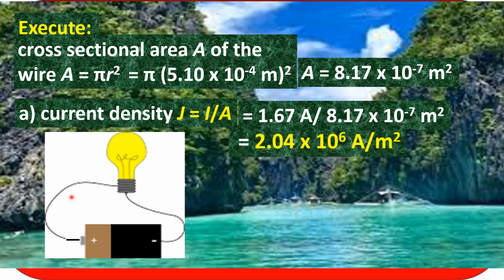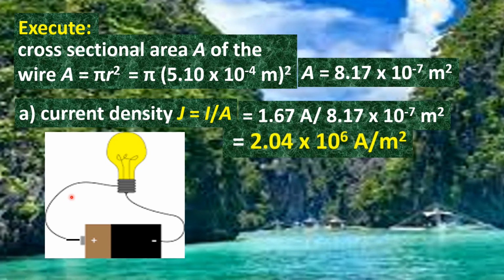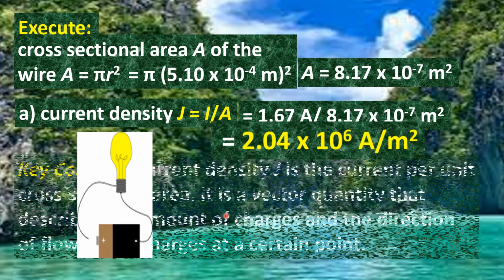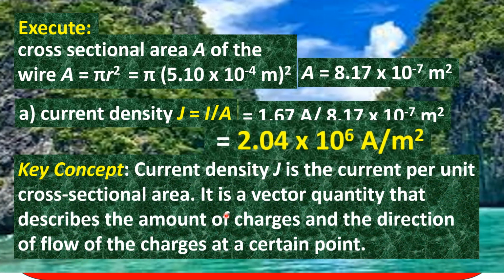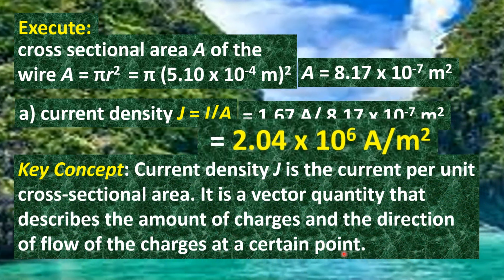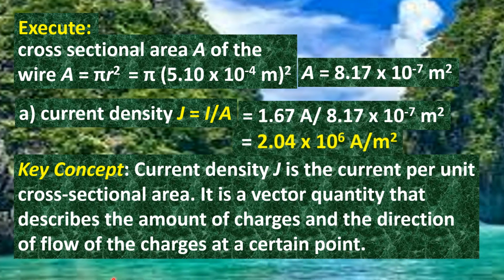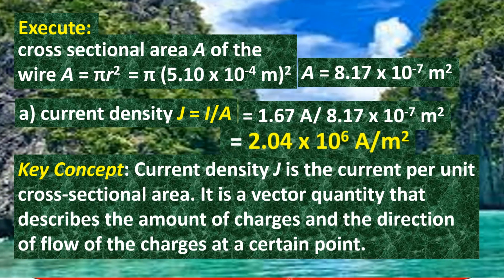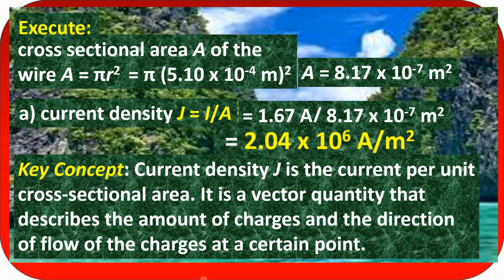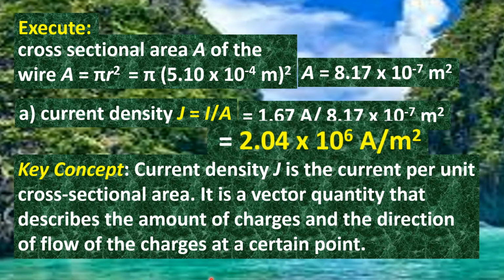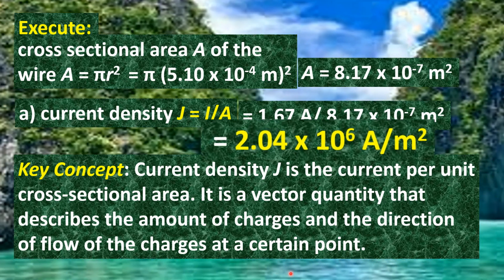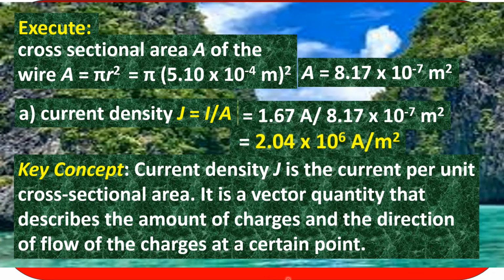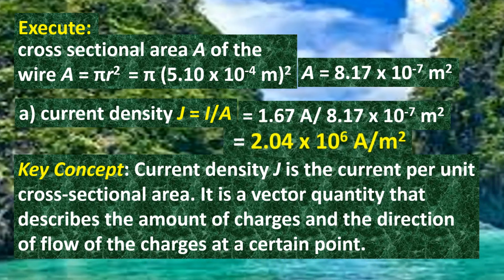So, we emphasize that the current density, capital J, is the current per unit cross-sectional area. Unlike current, current density is a vector quantity that describes the amount of charges and the direction of flow of the charges at a certain point.